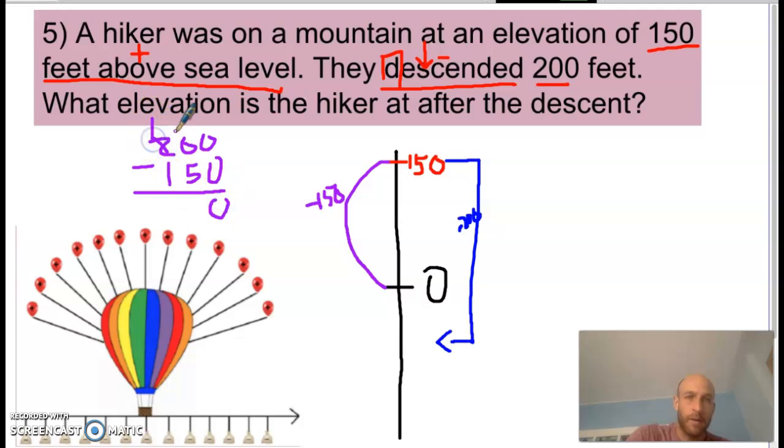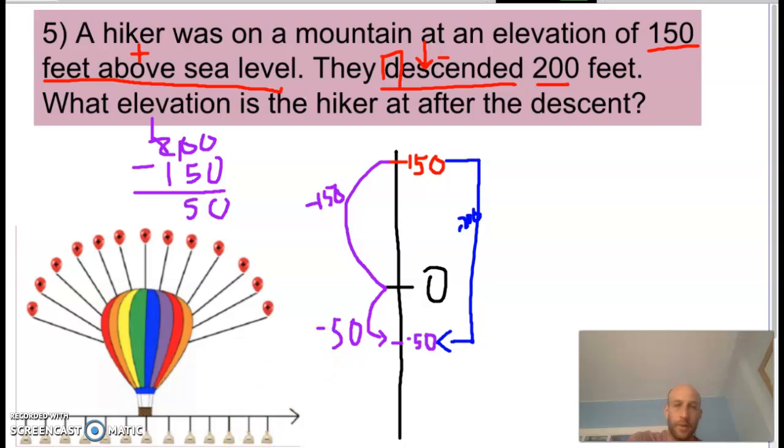Borrow. 10 minus 5 is 5. So I need to go down 50 more. So if I start at 0 and I go down 50 more, that puts me at 50 below 0, or negative 50. So you can see distance from 0 is very helpful here.